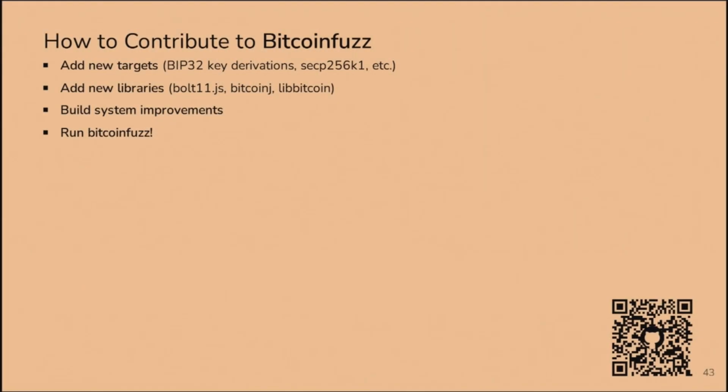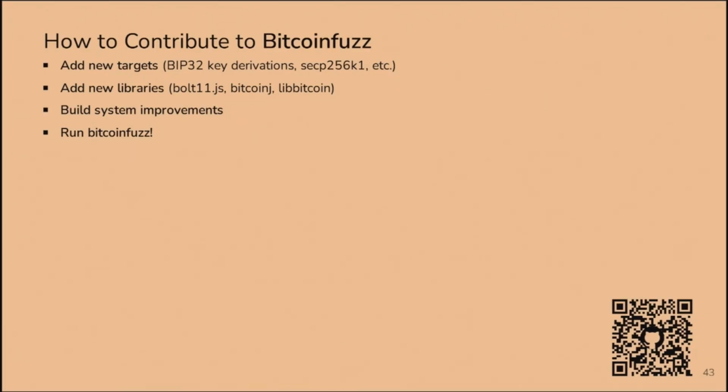Some build system improvements. Currently in Bitcoin Fuzz we have just a bunch of makefiles to make it work. We need to compile each module separately, and then we generate the final binary and execute the code, but it can be improved a lot.